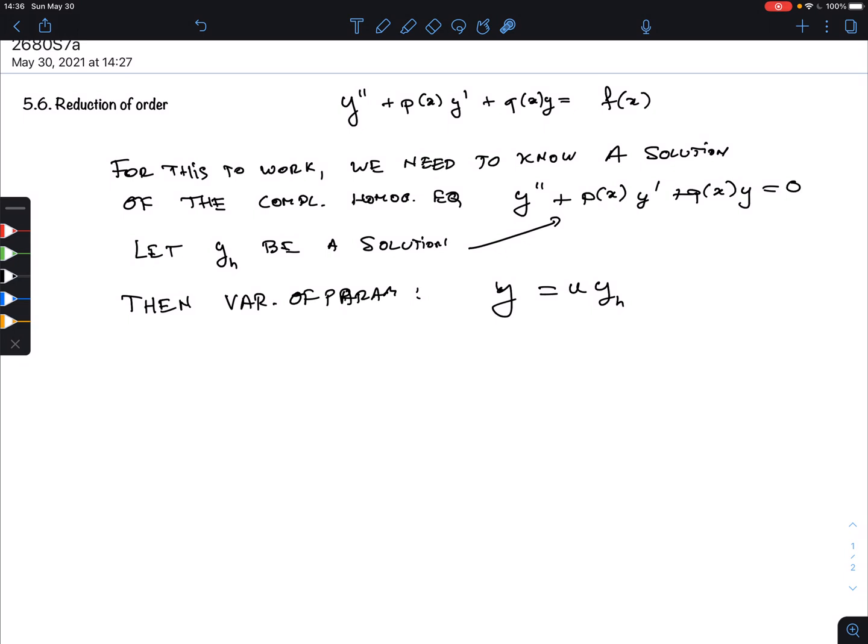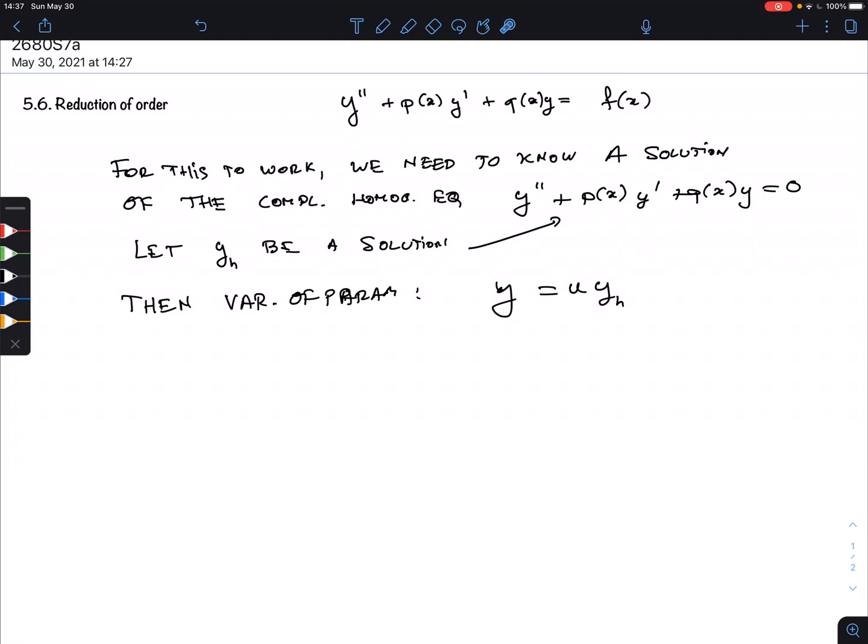So that's why it's slightly different. In the next section, which I'm not going to cover in too much detail, we will actually approach it from the other angle, namely looking at both of these, the fundamental system. But of course, then you need to know it. And here you only need to know one single one, which is sometimes easier because sometimes you can kind of guess or see the solution.